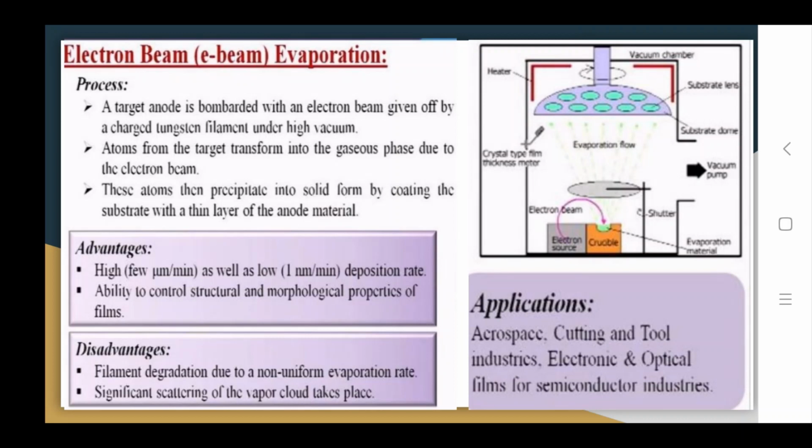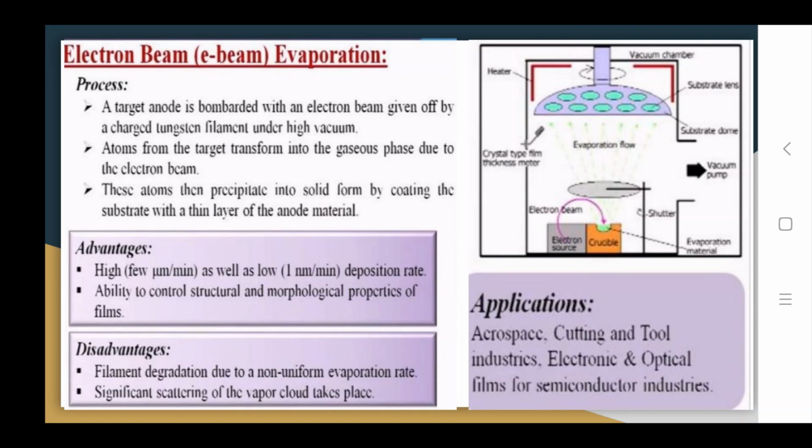Okay, now what are the applications? Generally we are using this for aerospace materials, then the cutting tool industry, then electronics and optical films for the semiconductor industry. So there are several applications of this technique available.